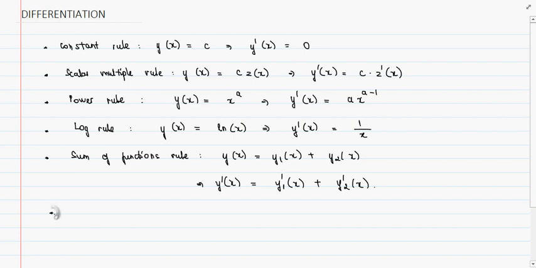It's very straightforward. Now if we have the function as a product of two functions, how are we going to differentiate? This is called the product rule.